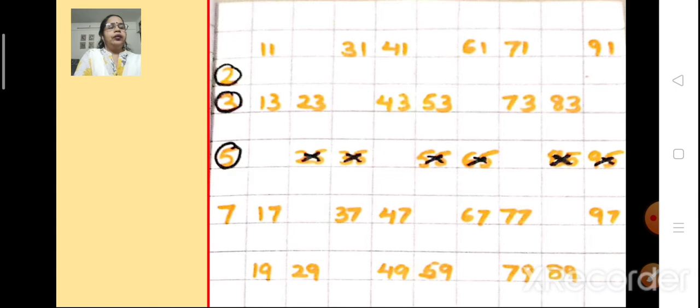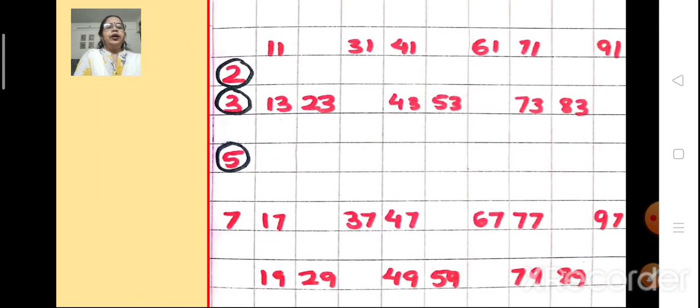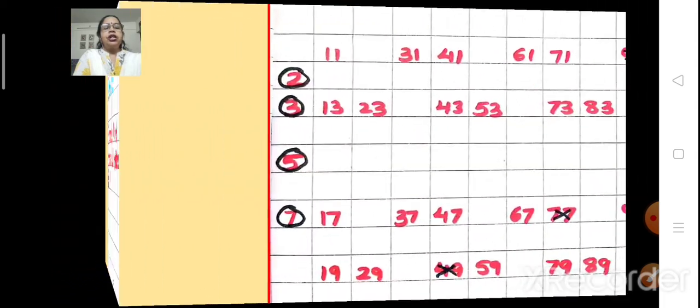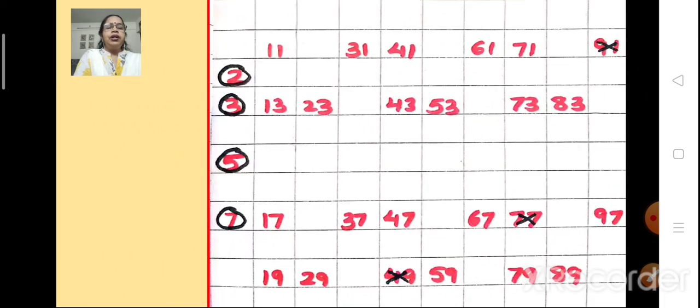Now we have also removed the composite numbers, the multiples of 5, from the table. Now we go to number 6. In step 6, we will encircle number 7 and cross out all the multiples of number 7.